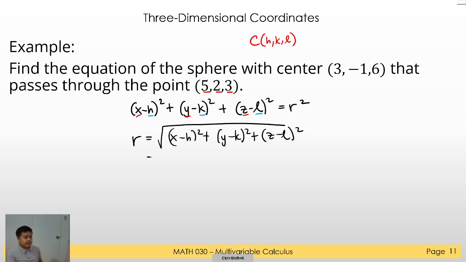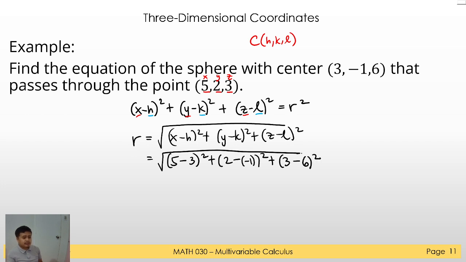So to solve for this, again, we have x minus h. So we have 5, no? So this is x, y, and z. So we have (5 - 3)² + (2 - (-1))² + (3 - 6)². To simplify, R is equal to the square root of, 5 minus 3 is 2, so 2 squared is 4.